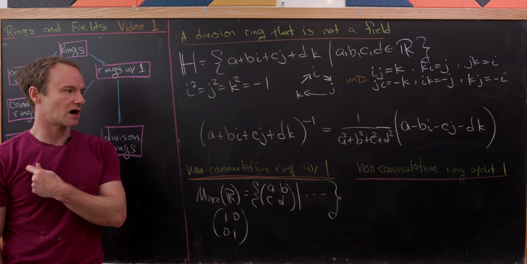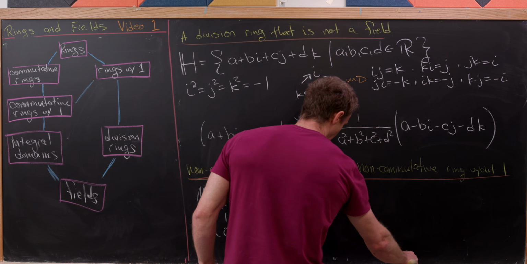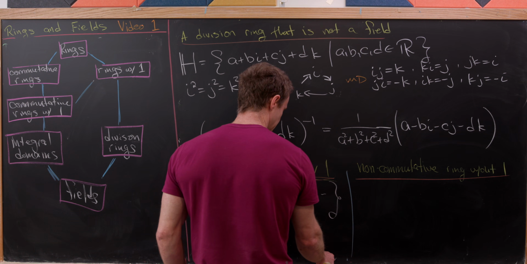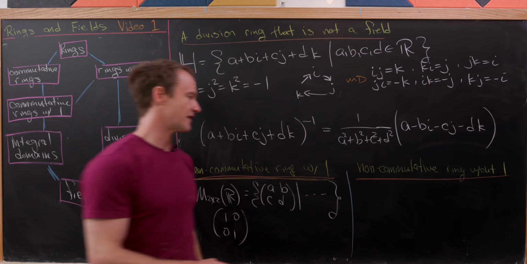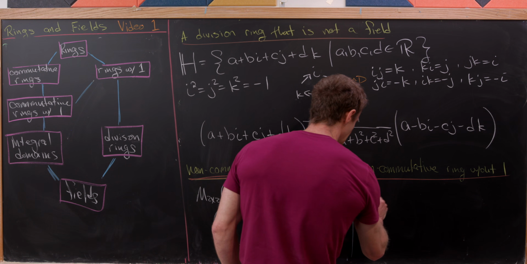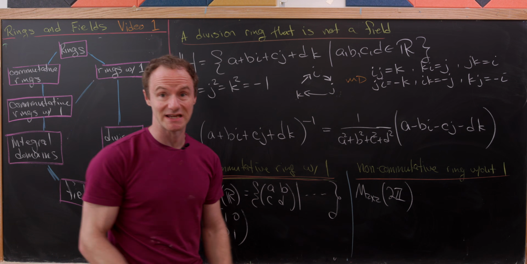Now, what about a non-commutative ring without a multiplicative identity? Well, we can take some inspiration from some of our previous examples and maybe glue them together. So let's say maybe M_2(2Z), 2 by 2 matrices with entries in 2Z.